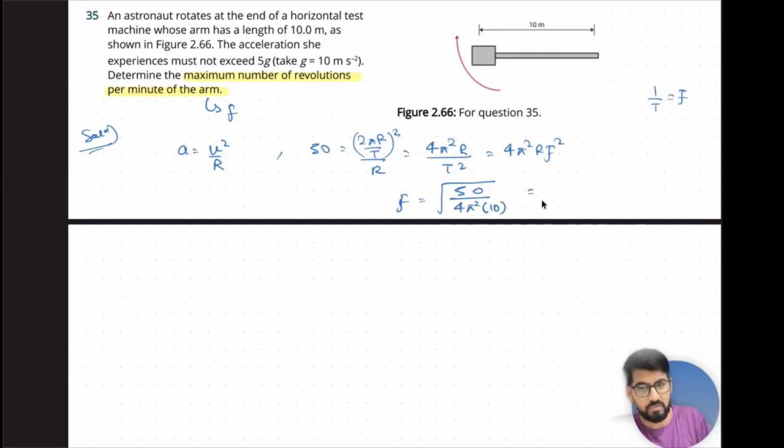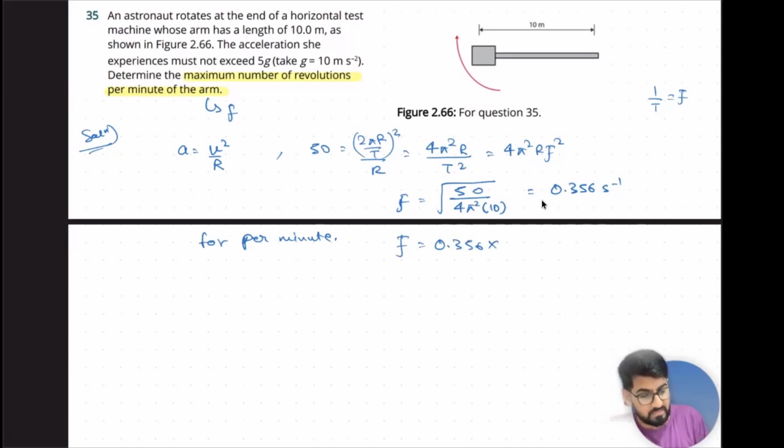Once you solve this, you will get 0.356 per second. Now this is for per second. If I want it per minute, I need to multiply this by 60.